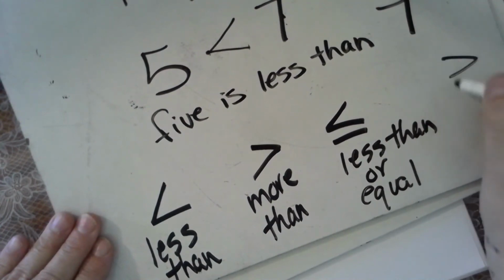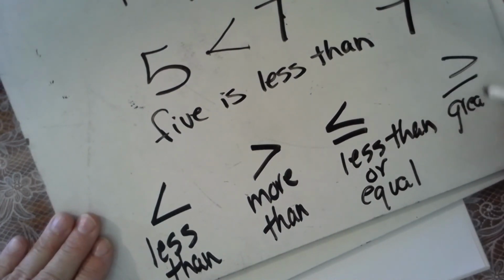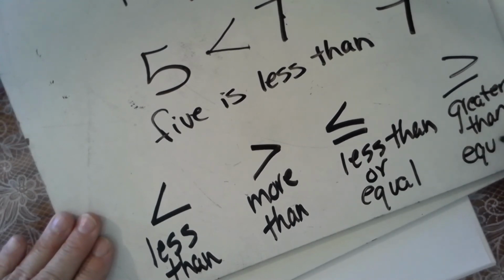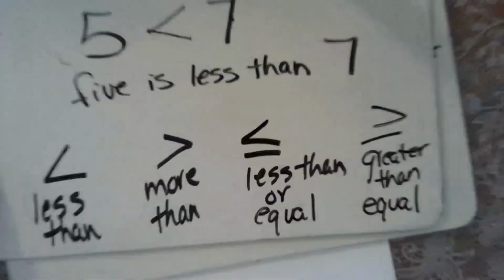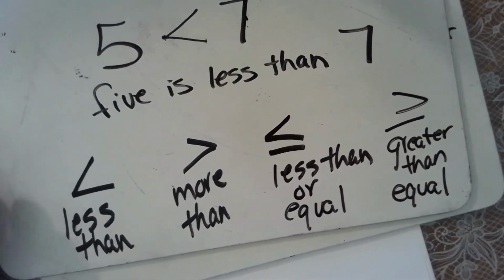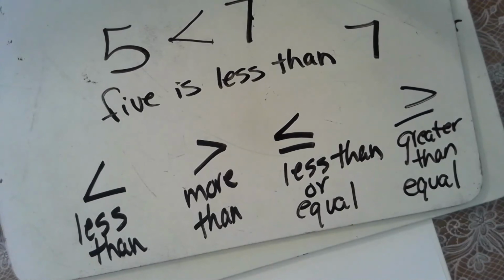And then you have the greater than or equal to. Okay, so those are the 4 different symbols of inequalities that we can use in math.